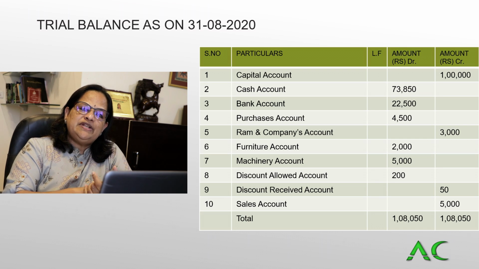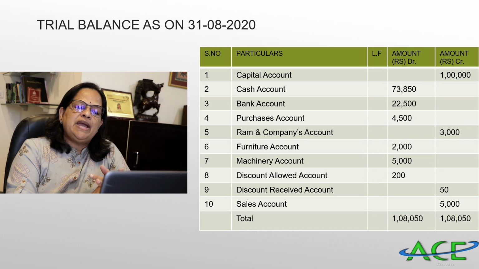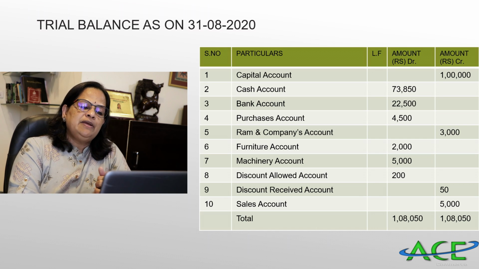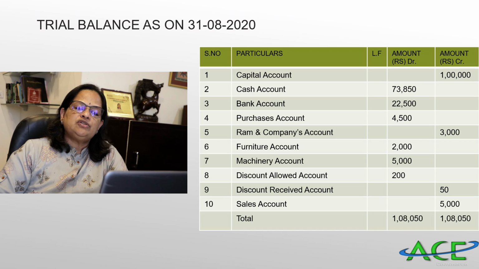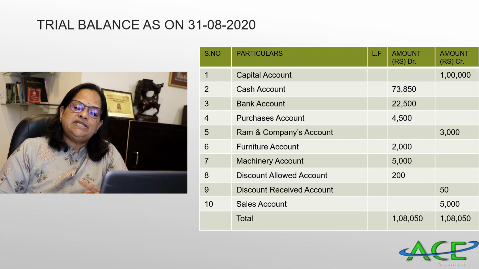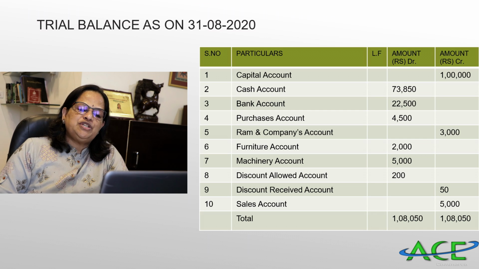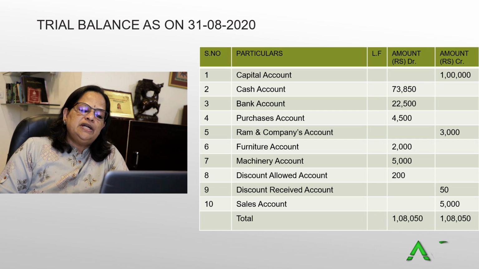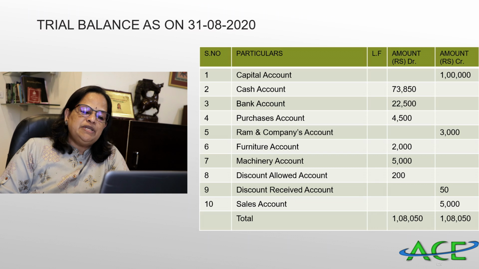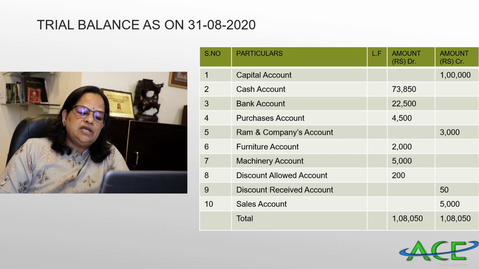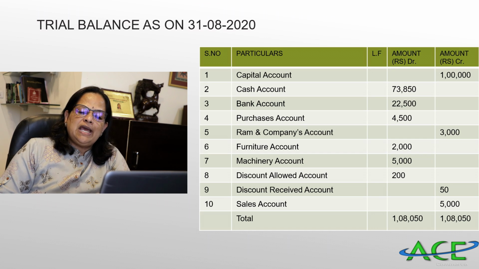So cash account 73,850, bank account 22,500, purchases account debit 4,500, Ram and Company's account credit 3,000, furniture account 2,000 debited, machinery account 5,000 debited, discount allowed account 200 debited, and discount received account 50 credited, and sales account 5,000 credited.